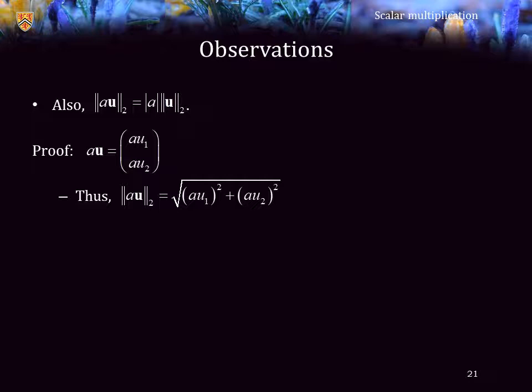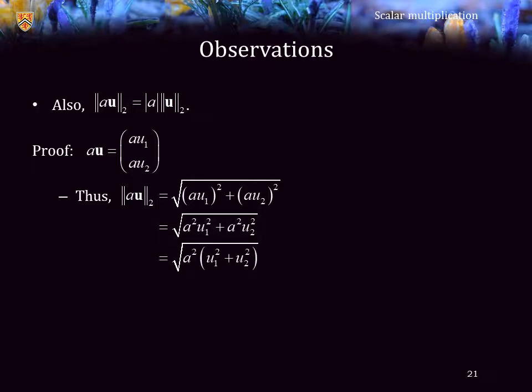But wait a second, a times u1 all squared is just a squared u1 squared, and the same for the second entry in that sum. But wait a second, now we can factor out a common factor of a squared.